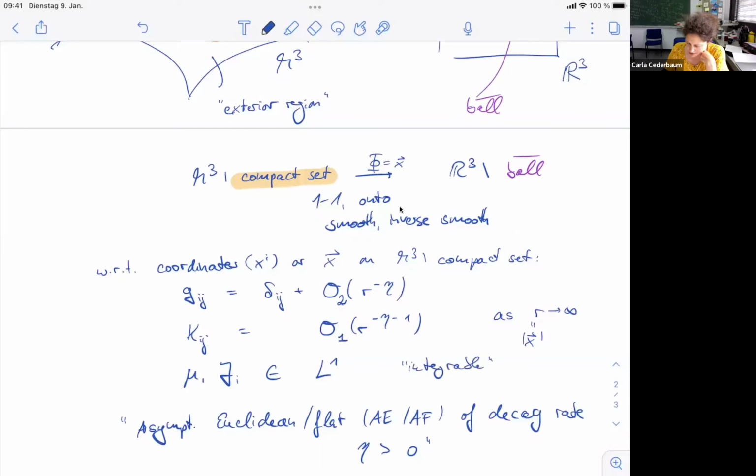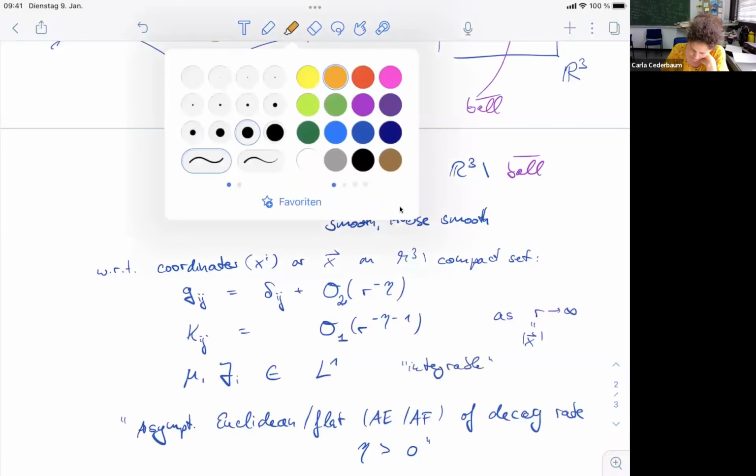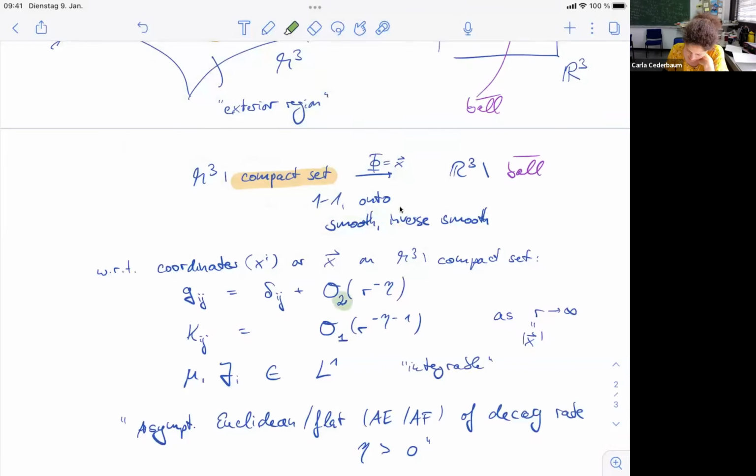And now what are these O notation terms here, and these little indices in particular? I presume that most of you are familiar with the capital O notation. If some function or some component of some tensor is in O of r to the minus eta, that means that it decays at least as fast as r to the minus eta. And if I have a little index, that means that at least the number of derivatives corresponding to the index decay correspondingly.